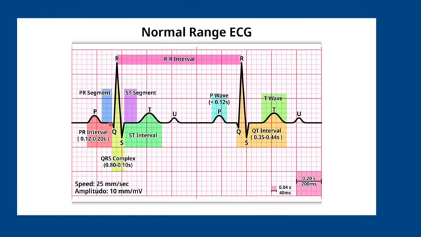The PR interval is 3 to 5 small squares, QRS complex 2 to 3 small squares, ST segment is normally isoelectric, T wave is normally positive.